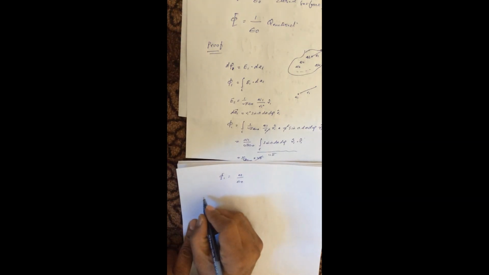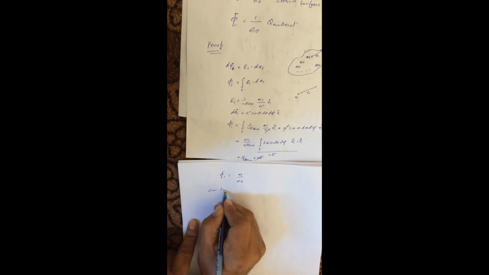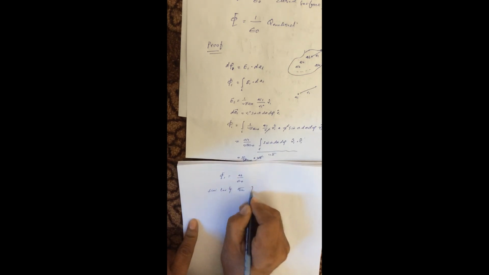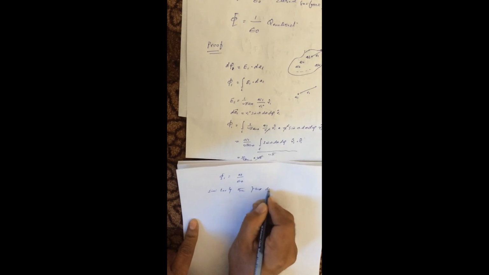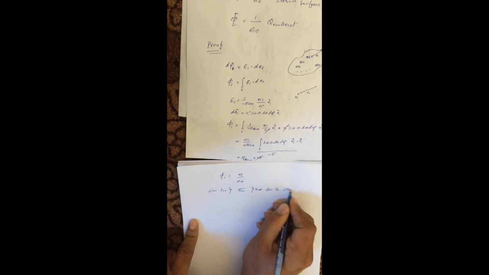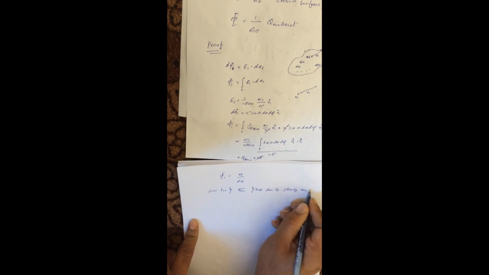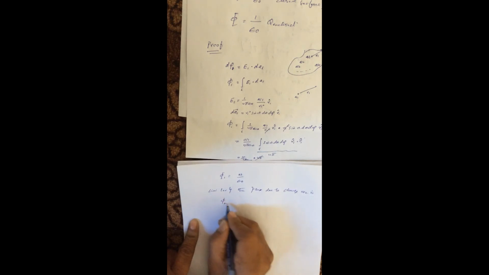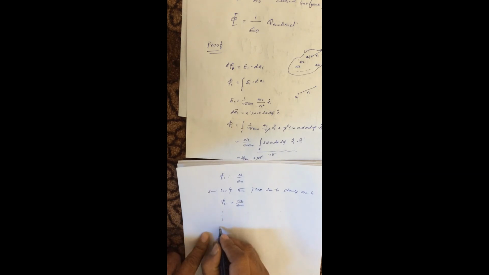Similarly, the flux due to charge Q2, which is phi 2, is equal to Q2 over epsilon naught. And finally we have the flux due to charge Qn, which is equal to Qn over epsilon naught.